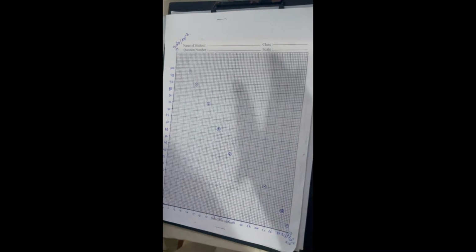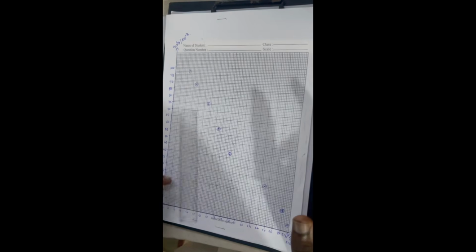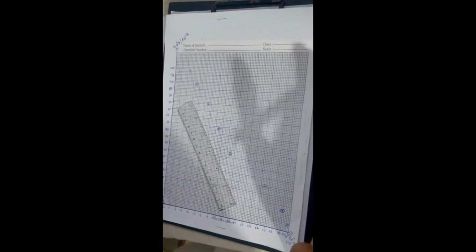Okay, students. After plotting all the points, you come out with this. As I was saying, it's not obliged that your line should pass through all the points. What you're supposed to do is make your line pass where the majority of the points are. It means it should pass in between.